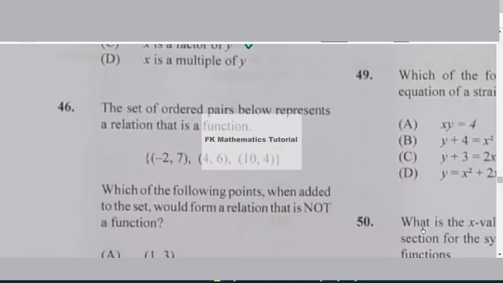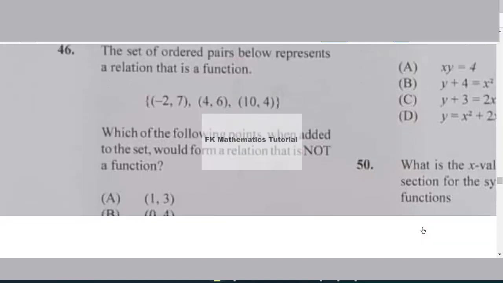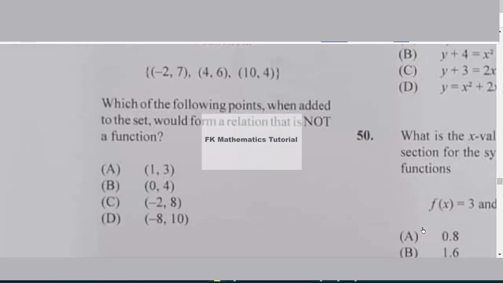The set of ordered pairs below represent a relation that is a function. Which of the following points, when added to the set, will form a relation that is not a function? So if one of the points has a first value which is one of these values, then the x value is going to repeat.